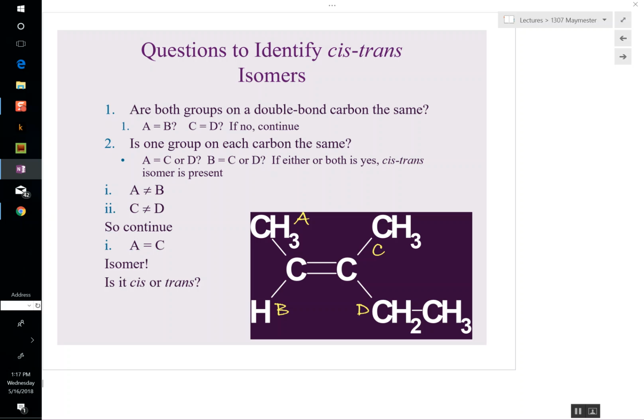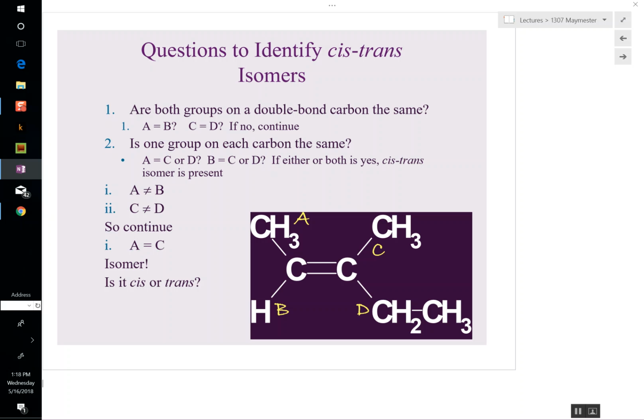Does this carbon have 2 different things on it? Yes. Does this carbon have 2 different things on it? Yes. Do these 2 carbons each have something on them that is the same? Yes. Okay, so we get 3 yeses to all those questions.